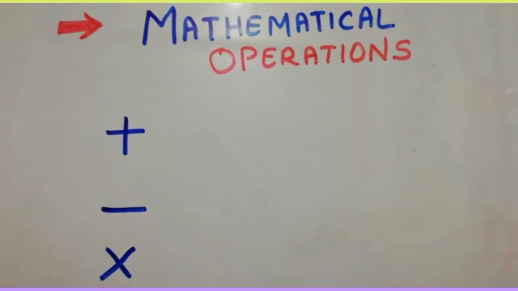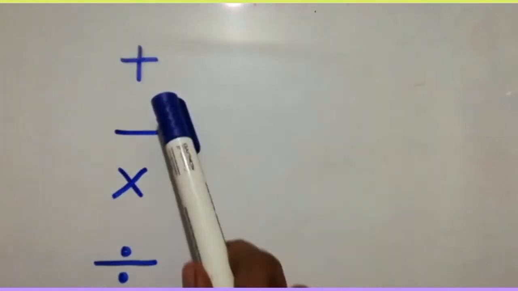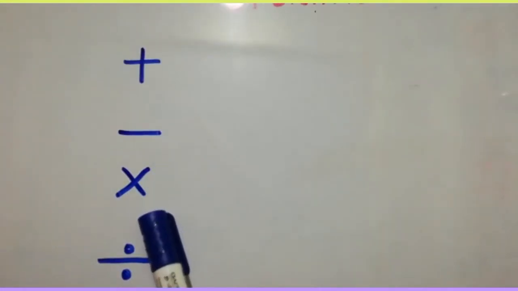Now the next operation you have studied is division. When you use the sign of division, when you want to share something or distribute something among a number of children, or when you want to divide one number by another number, you use the sign of division here. This is sum, addition, subtraction, multiplication, division.